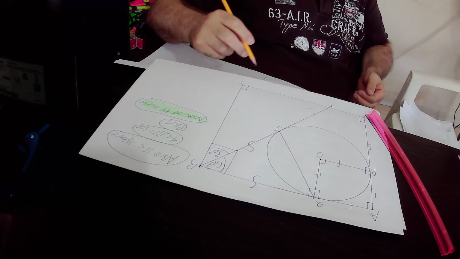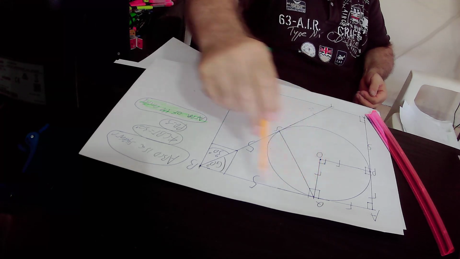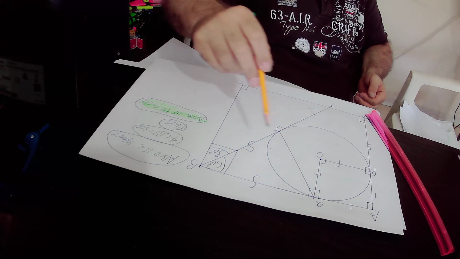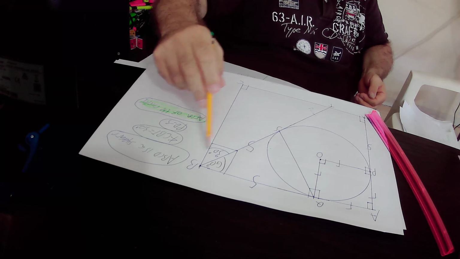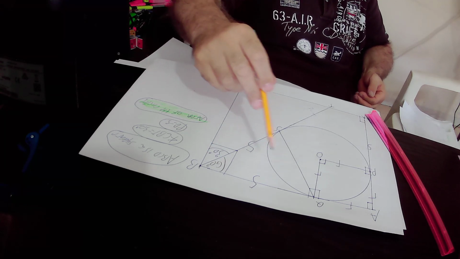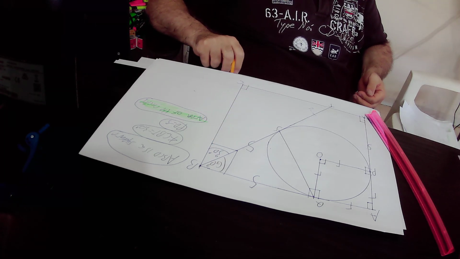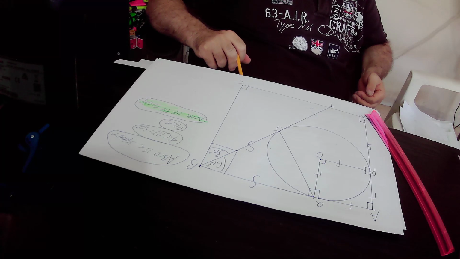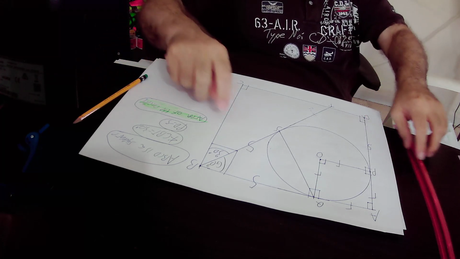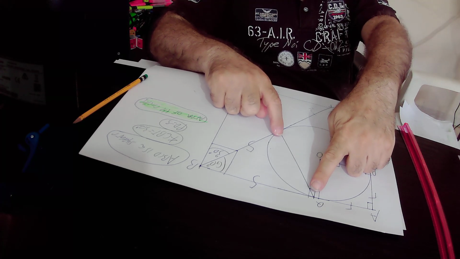We'll continue to focus on triangle QBS. In this triangle QBS, side QB equals side BS. They are both equal to 5 units, therefore they are equal to each other. So QB equals BS. And we have the rule that in front of equal sides in the triangle, there are equal angles. So in front of those two sides, we have those two angles.